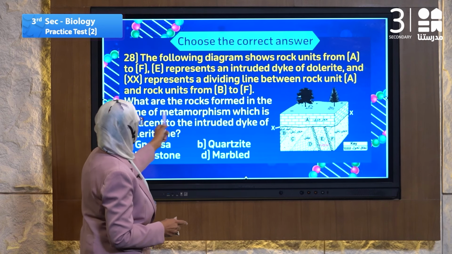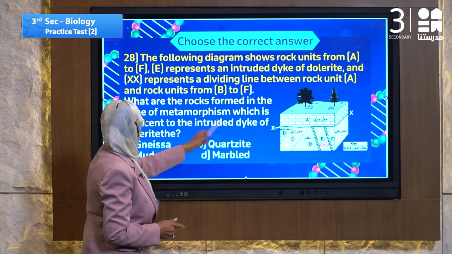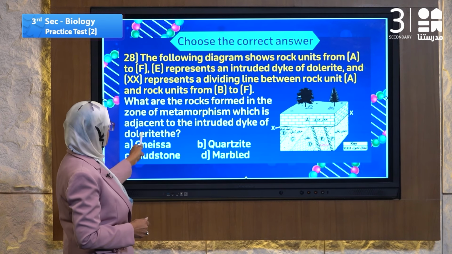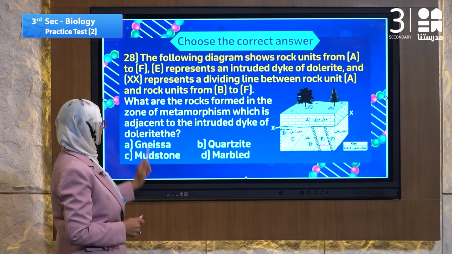What rocks are formed in the zone of metamorphism adjacent to the intruded dike of dolerite?